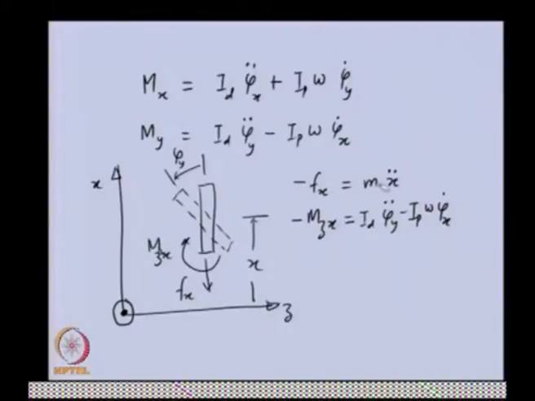So this is the equation of motion in x direction, and that is the moment balance in yz plane. On the same line, we can obtain the equation of motion in zy plane.